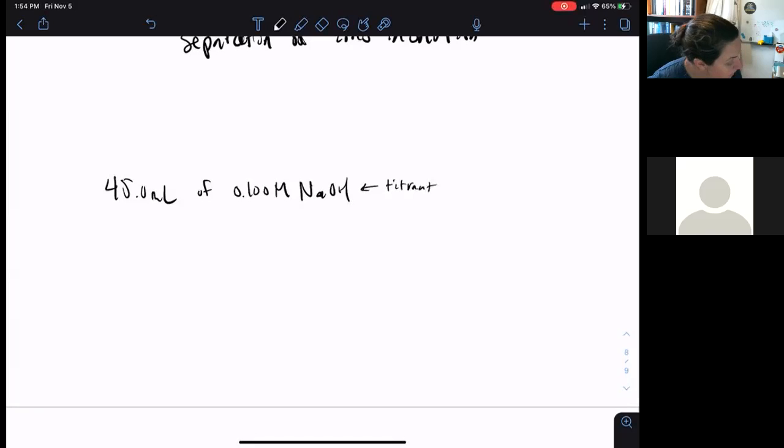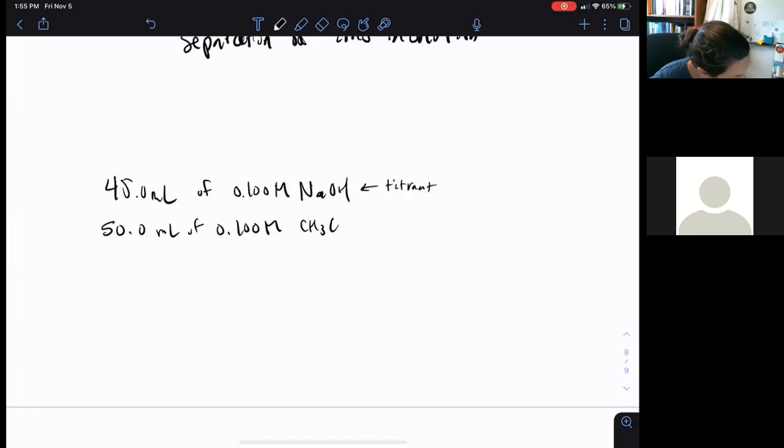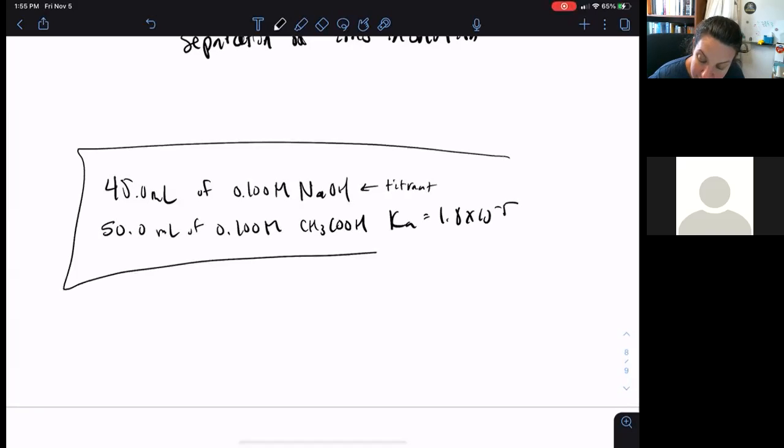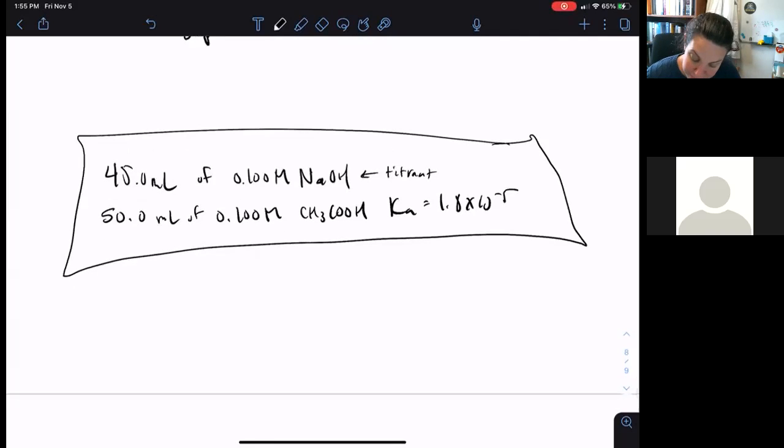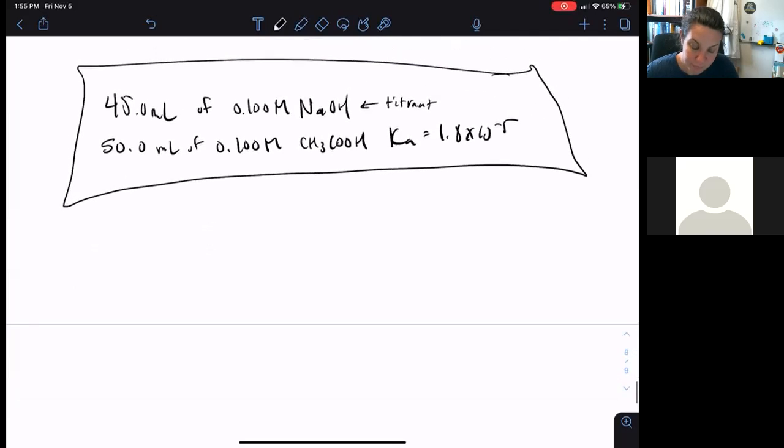And then we have 50.0 milliliters of 0.100 molar CH3COOH, which has a Ka equal to 1.8 times 10 to the negative 5. So we're going to look at what happens at this point in our titration. It's just because I have an example of this and it shows a couple of different things.